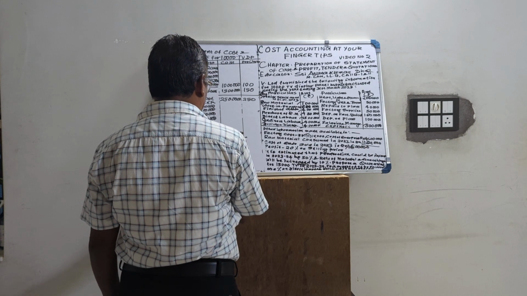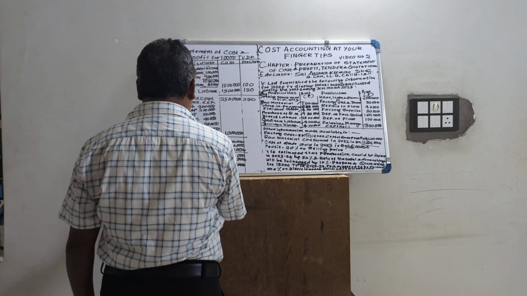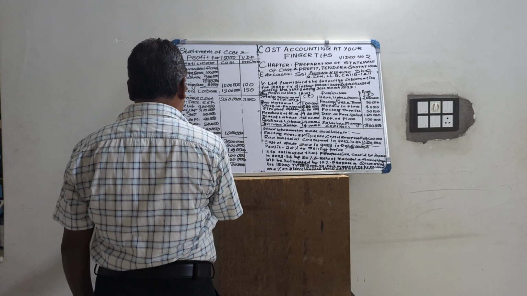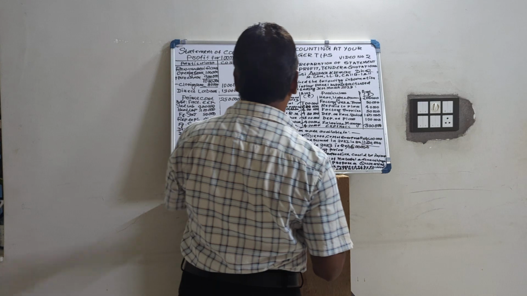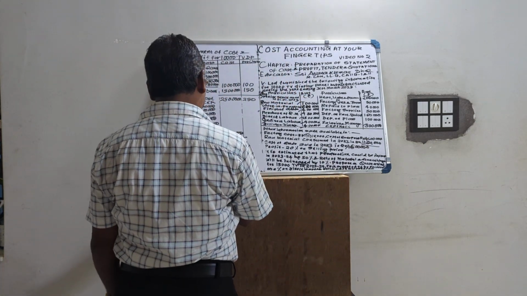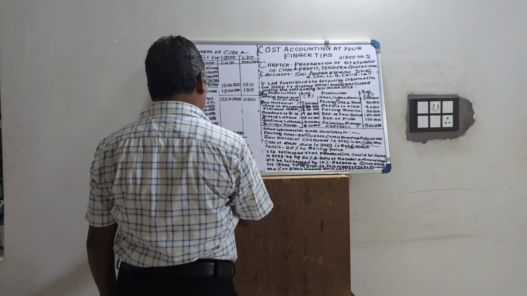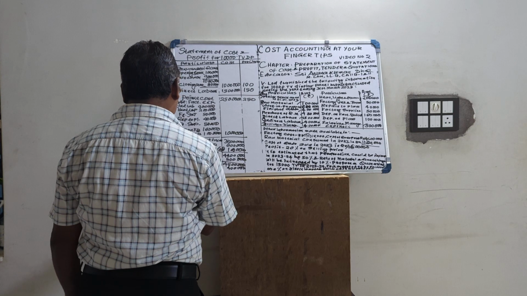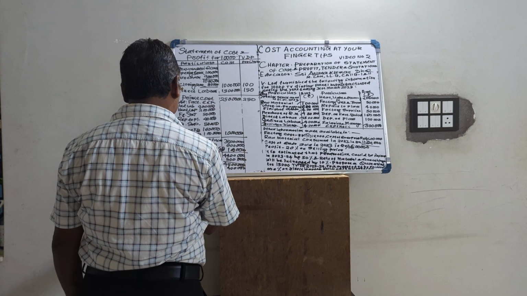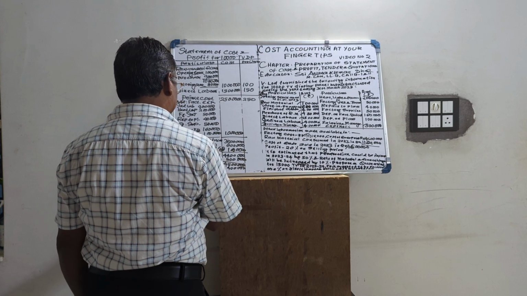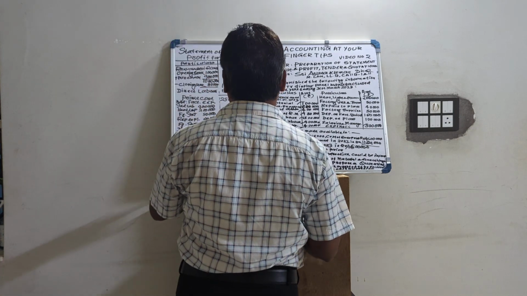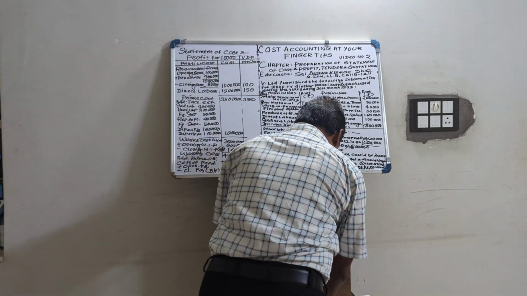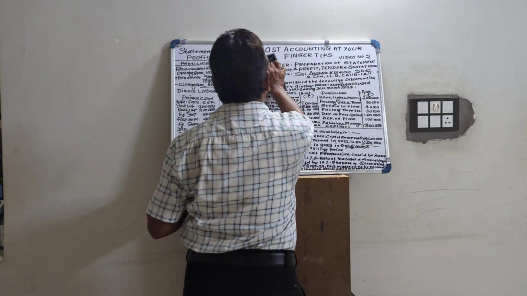Then add opening stock of finished goods, it is given 4 lakhs. So 45 lakh plus 4 lakhs, minus closing stock of finished goods. It is the balancing figure. But cost of goods sold is given.